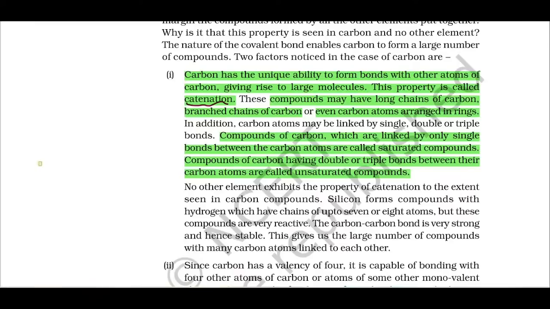Single bond between carbon atoms is a saturated carbon compound. Double or triple bond is an unsaturated carbon compound. Examples for saturated compounds are alkanes. Examples for unsaturated carbon compounds are alkenes and alkynes.